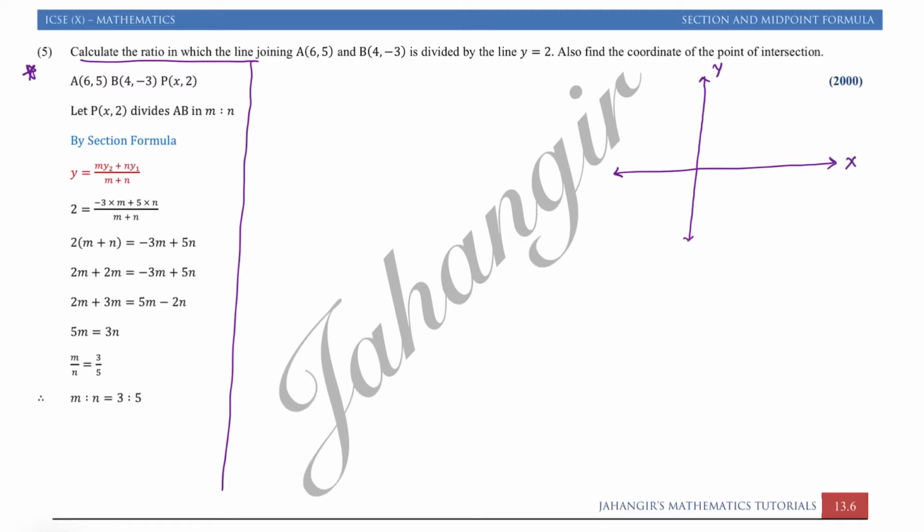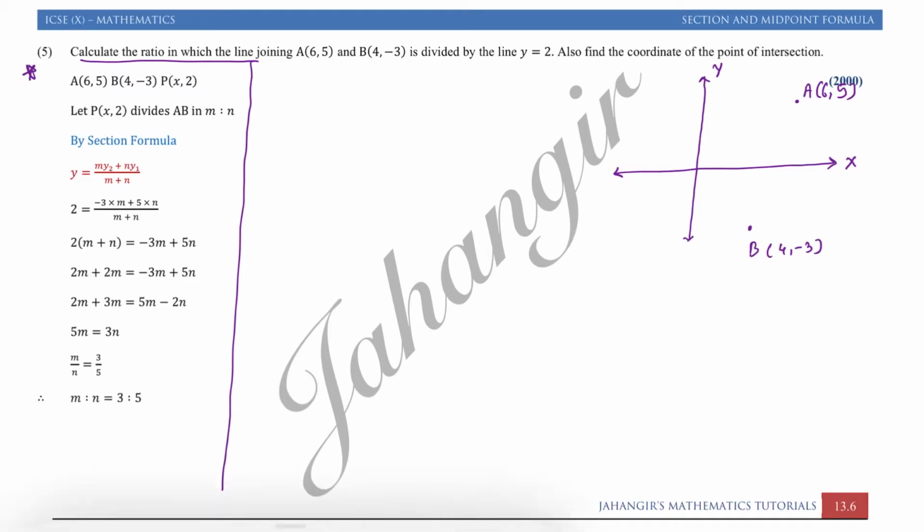Now 6 comma 5 lies in first quadrant, so I can write it here. This is my 6 comma 5, I can write A. B is what? 4 comma minus 3. Somewhere it may be here. B coordinate is 4 comma minus 3.